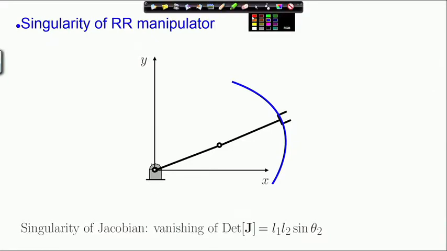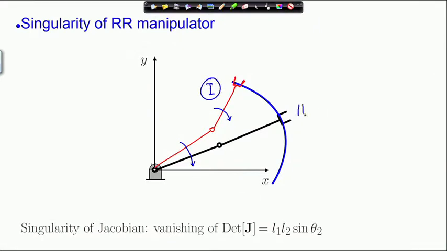What we have here, let us say a manipulator which traversed this path up to this point, so this manipulator moved from configuration 1 to this configuration 2, the black configuration.